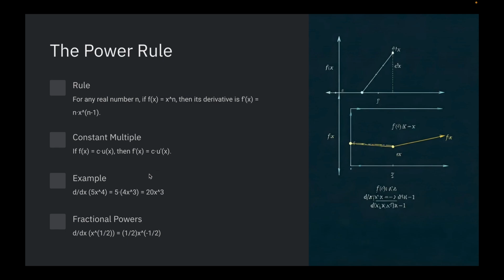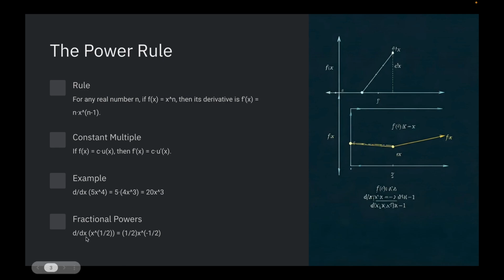So if we have the constant c equal to 3 and u(x) equal to x squared, that would be 6x, because 3 times 2x is equal to 6x. Now over here it's an example, so if you have d over dx of a function, this is also another way to represent the derivative of a function. Instead of y, you write out the full function, and the rest of the steps are shown over here.